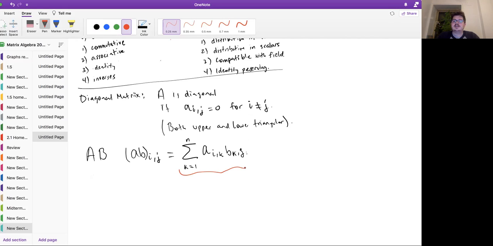Yeah, so look at the indices. Where is this only possibly not 0? Yeah, it's 0 when i is not equal to j. So it's only non-zero if k is equal to i, right?